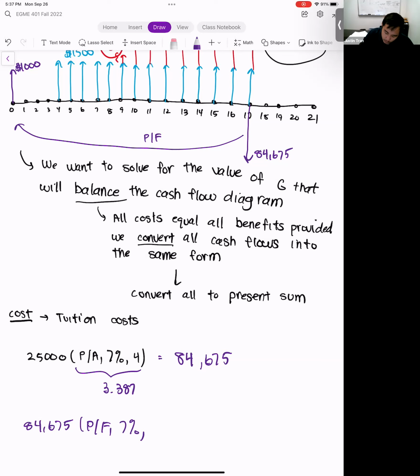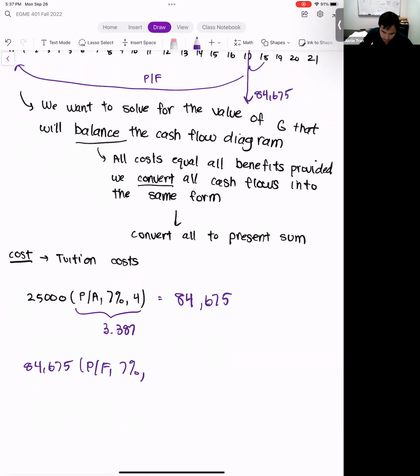Since the series started on year 18, and we lumped it all together into a P over A, that's going to be on year 17. So now we need to transport this 84,000 back in time 17 years. Let's jump to the table: P over F, n equal to 17. This is 0.3166.